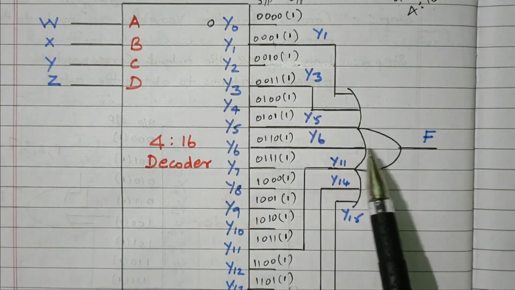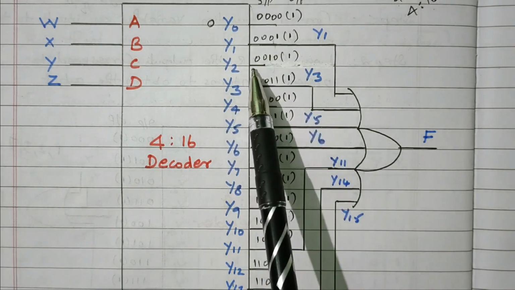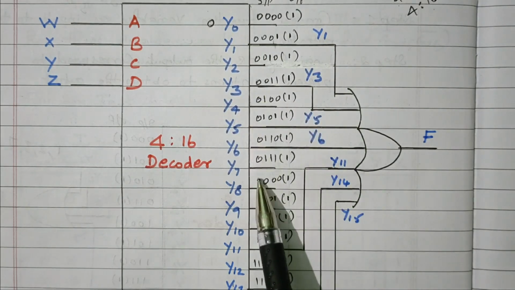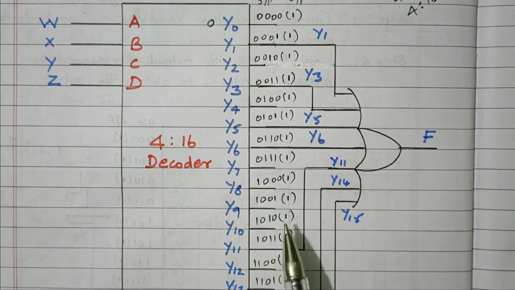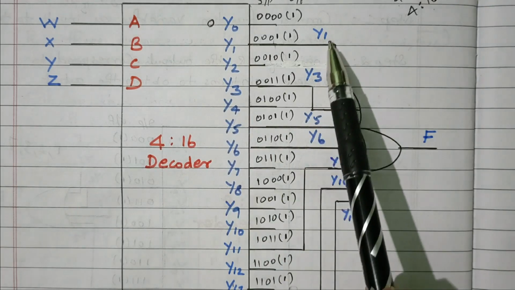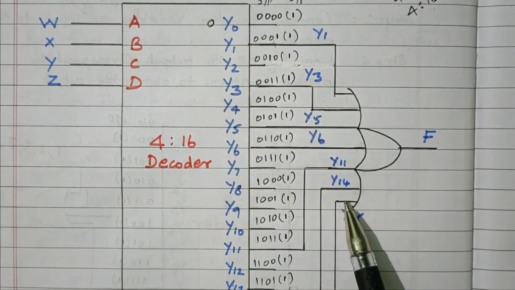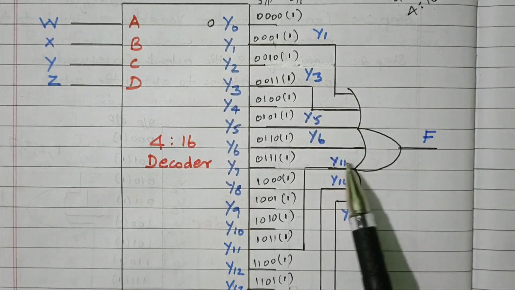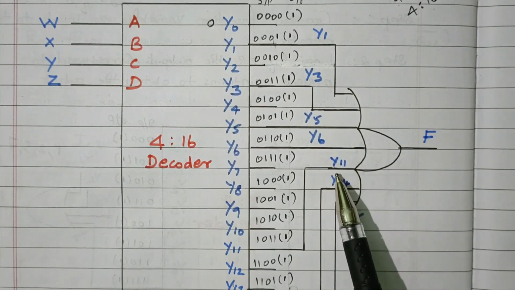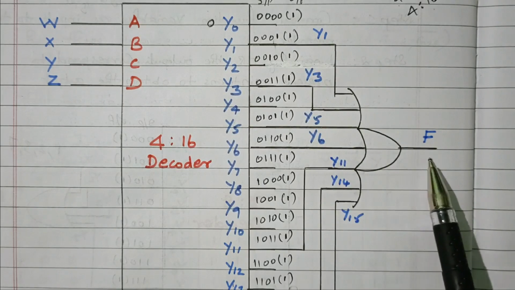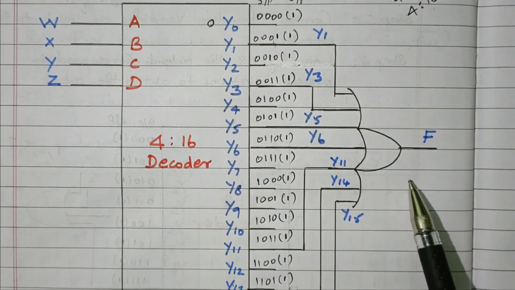Only these 7 outputs are connected. 0, 2, 4, 7, 8, 9, 10, 12, 13 are not given in the minterms, so those outputs are not connected. This OR gate will add all these 7 outputs and give the final Boolean function, right?